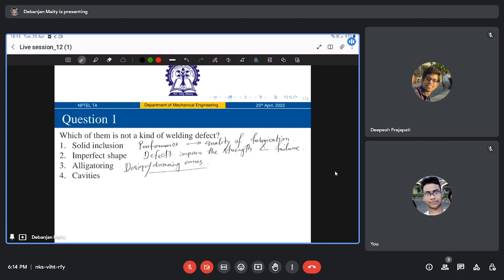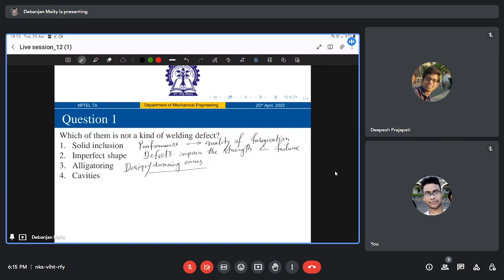It all depends on how you design your structure. If your design is not proper, that may also lead to the generation of defects. So that way you have the chance of having those defects.